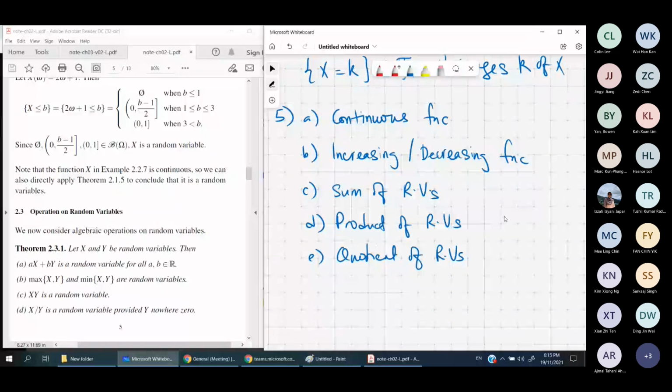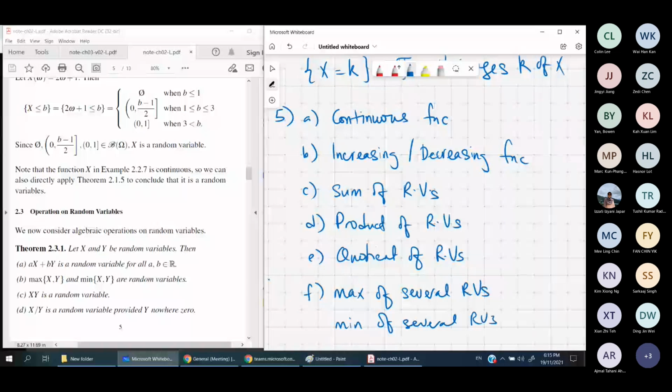Or this is interesting: here you look at the maximum of several random variables as well as minimums of several random variables.